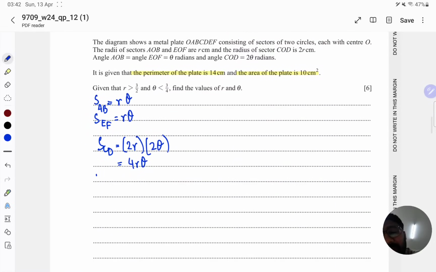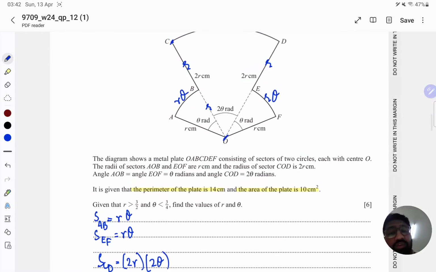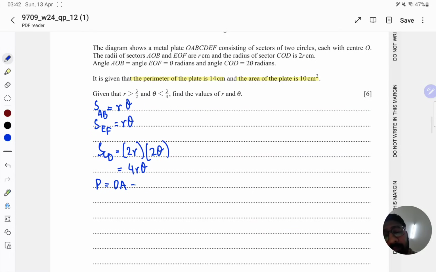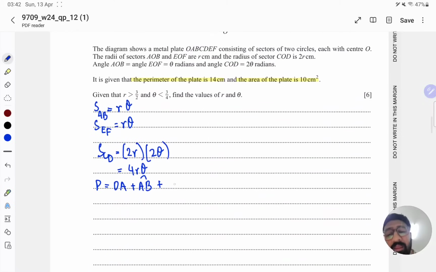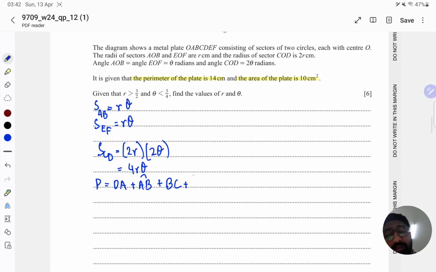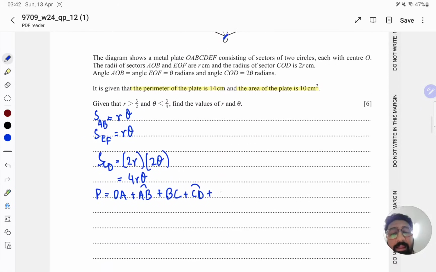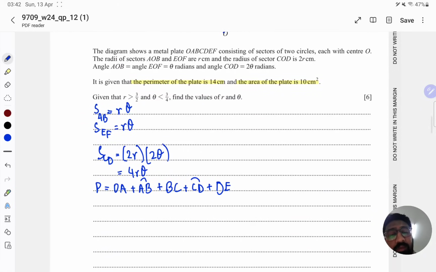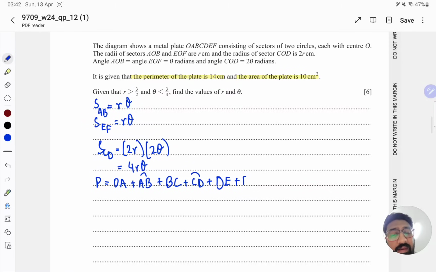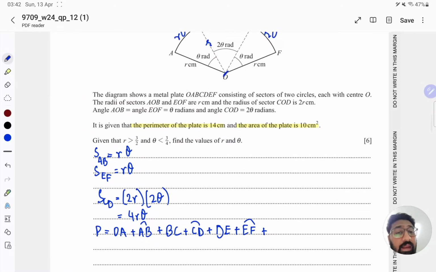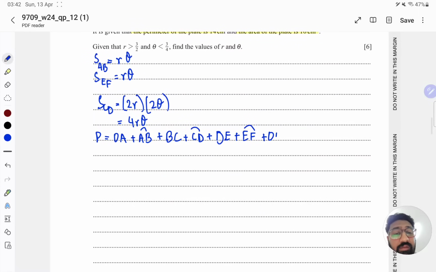Now since the perimeter is given to us, the perimeter will be equal to OA plus AB arc length plus BC plus CD arc length plus DE plus EF arc length and OF. We are already aware the perimeter is 14, and OA is r.